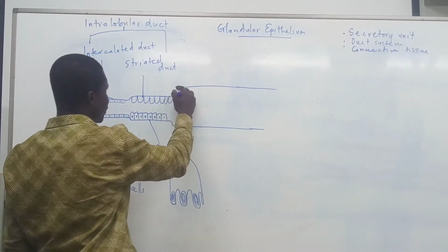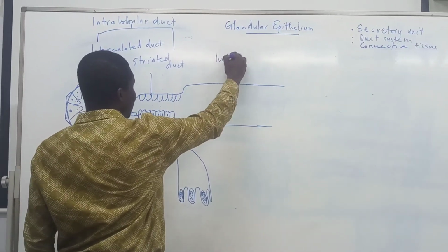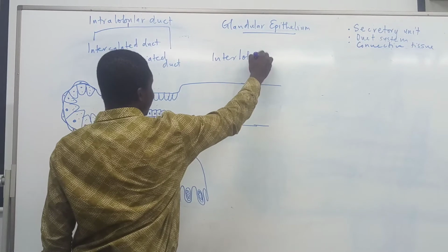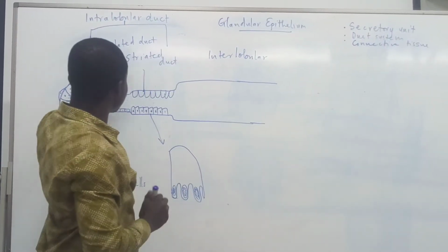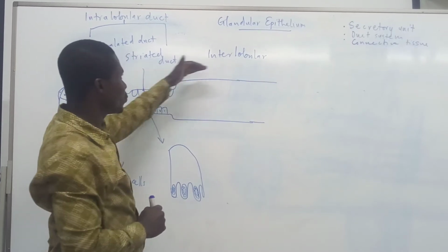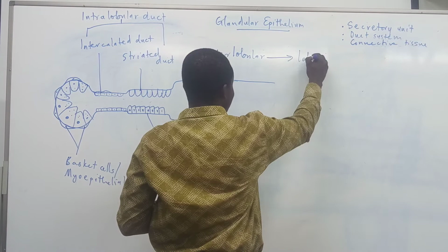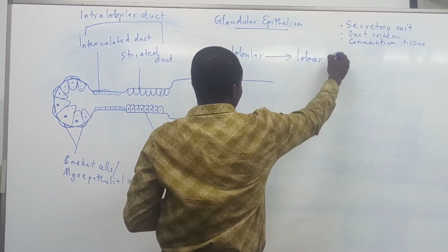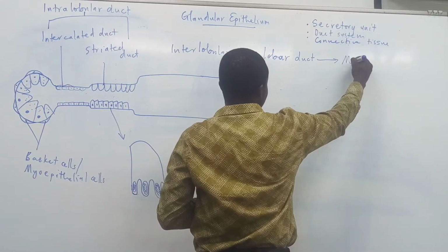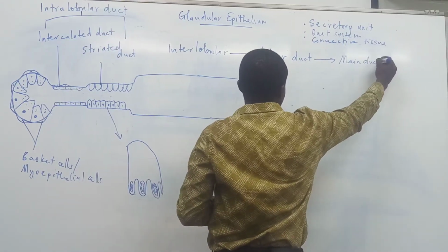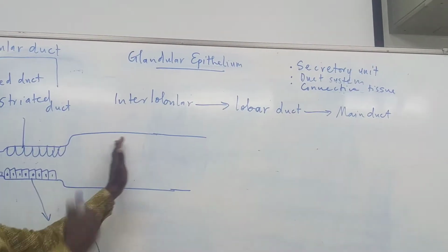Now, as we move on, from the intralobular ducts, which consist of the intercalated duct and striated duct, you go to the next one known as interlobular. Then you go to the next one known as lobar duct. Then you go to what we call the primary or the main duct. Generally, as you move on, the stratification begins to increase.